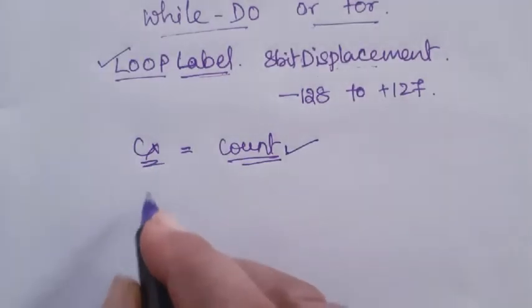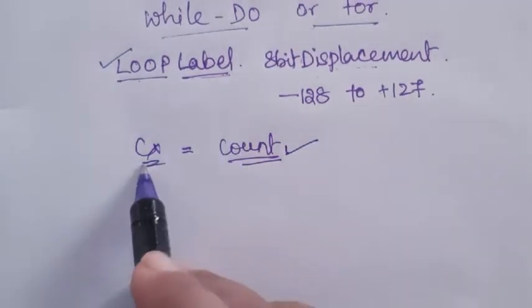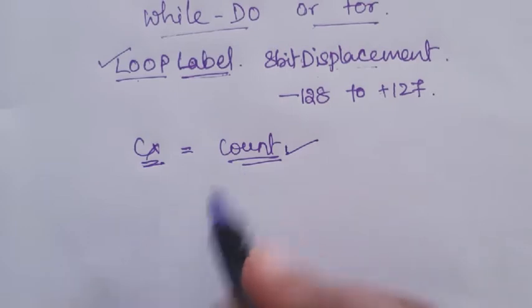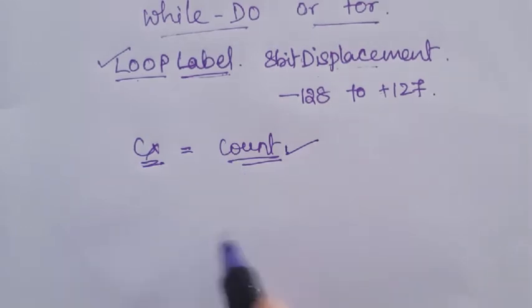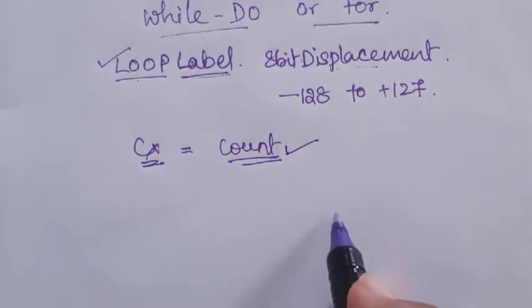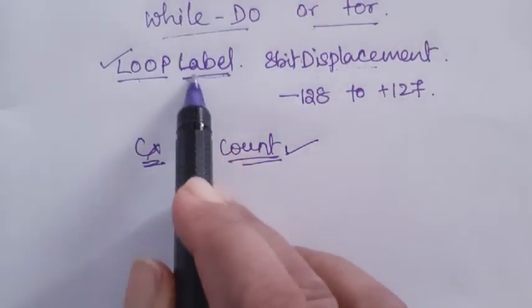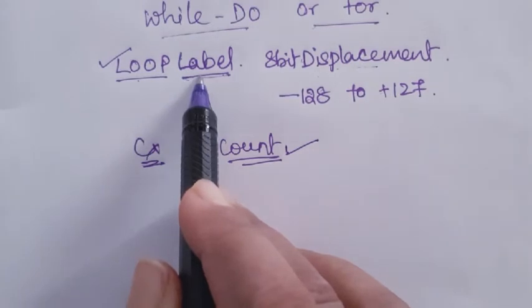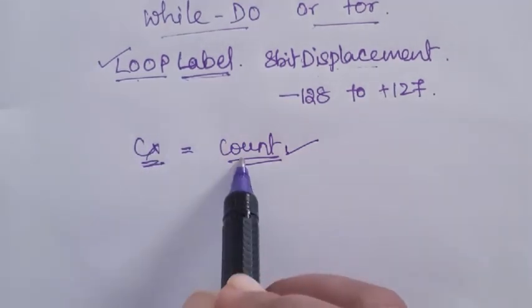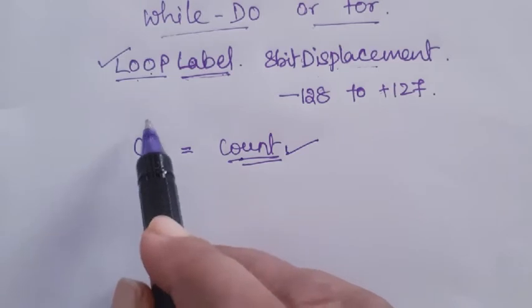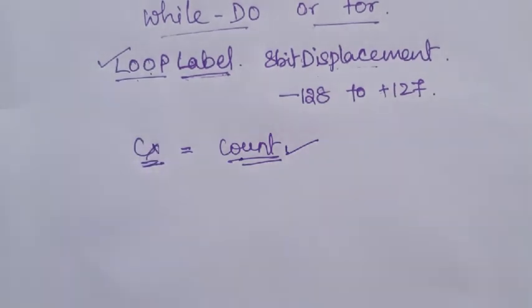When the loop instruction is executed, the count register CX is decremented by 1, and if it is not equal to 0, then the execution is transferred to the location with this particular label. If CX is equal to 0, then it comes out of the loop to execute the next instructions.